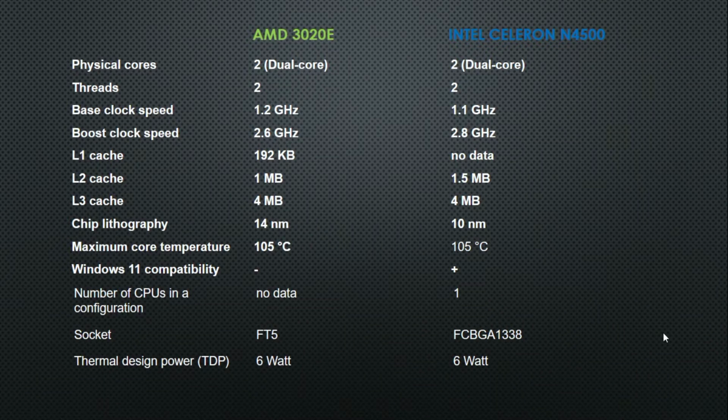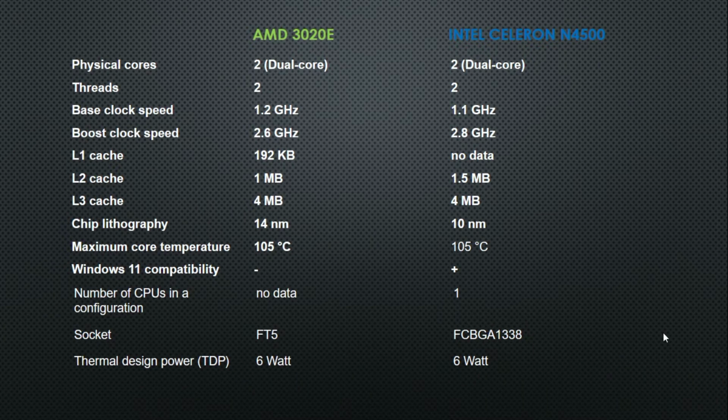For maximum core temperature, the AMD 3020E has 105 degrees Celsius, and the same with the Intel Celeron N4500. For Windows 11 compatibility, the AMD 3020E is not compatible with Windows 11, while the Intel Celeron is compatible. For the number of CPUs in configuration, both have one.